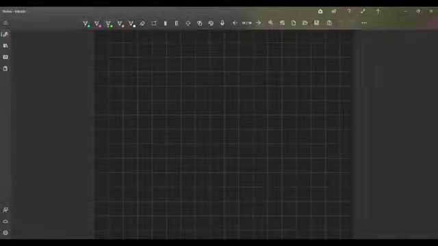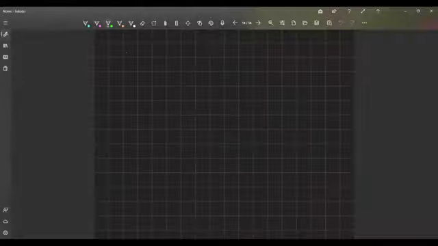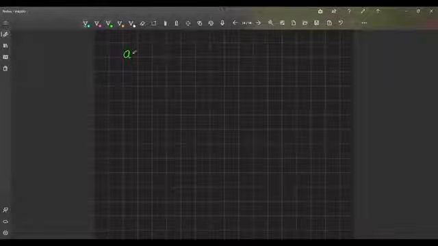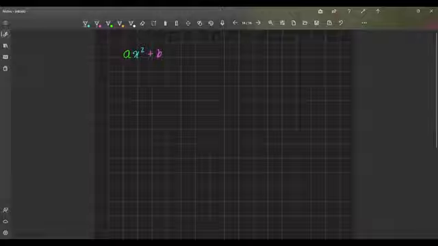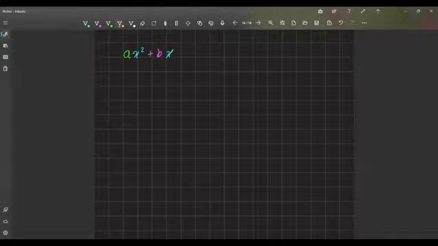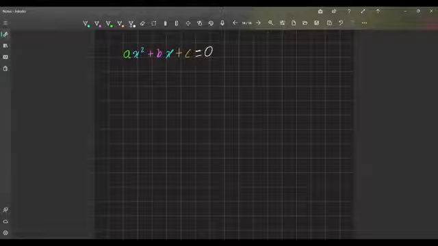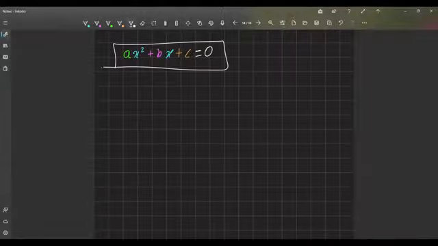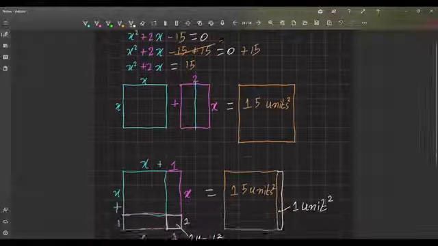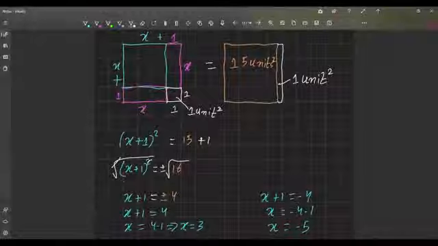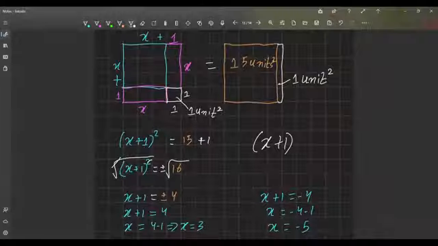So let me write down the general form of the quadratic equation, which would be ax² + bx + c = 0. Now notice that here we have a term of (x + 1)².